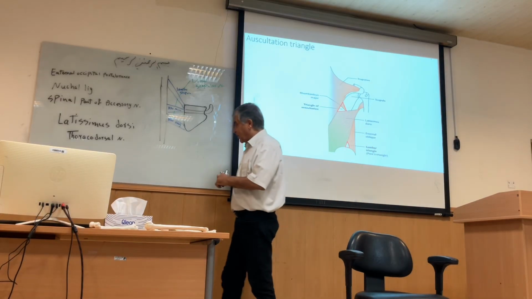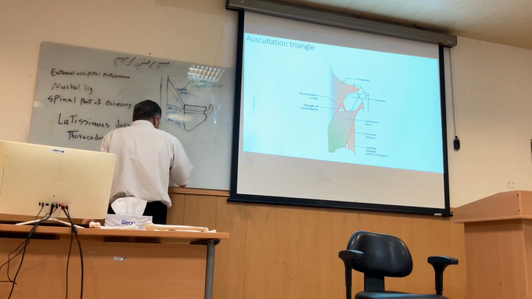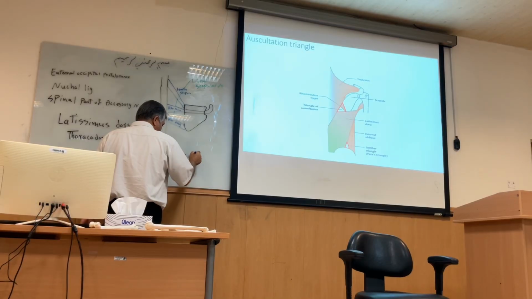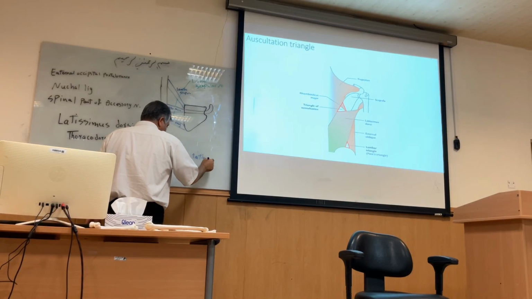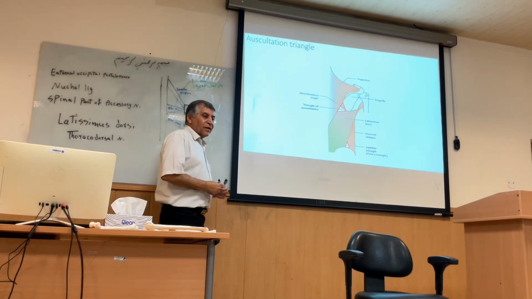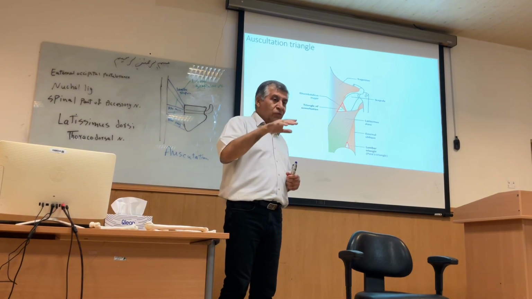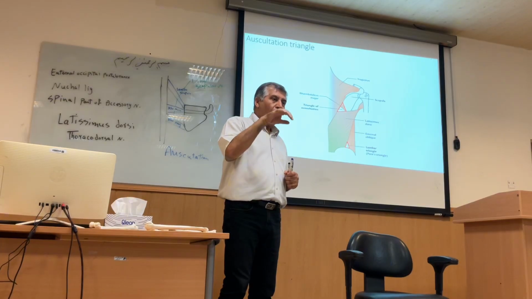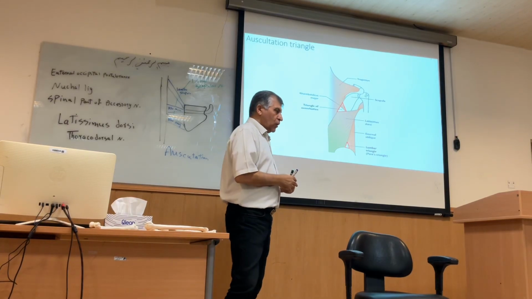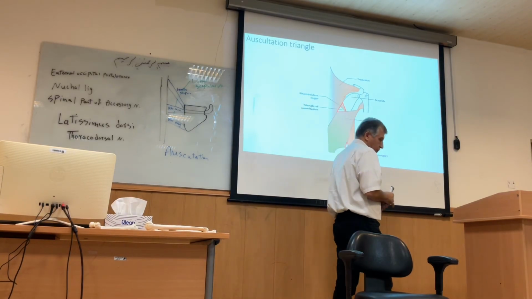The auscultation triangle is useful for listening to the movement of air into the lower lobe of the lung.